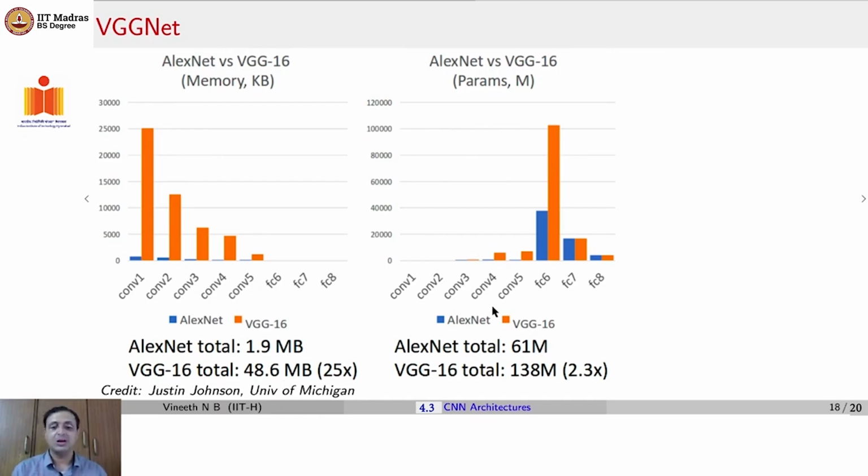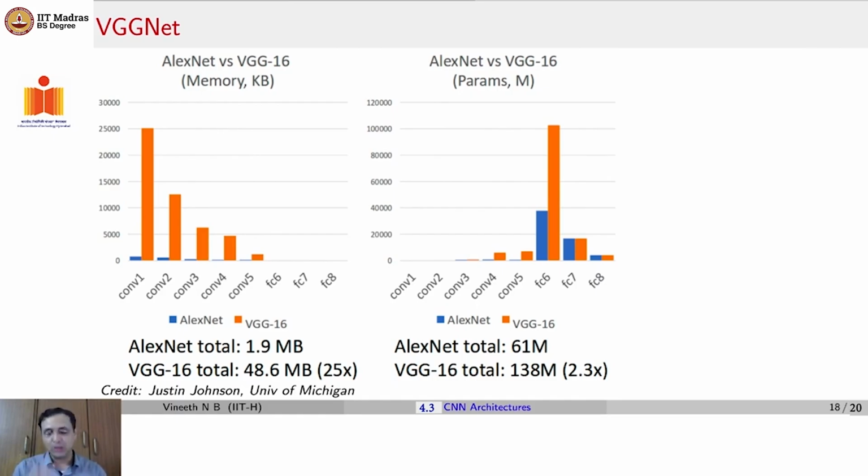In terms of parameters, while the first few convolution layers are reasonably small for AlexNet and VGG, in the fully connected layers, VGG has a significant increase in parameters. And while AlexNet had a total of about 60 to 61 million parameters, VGG 16 ended up having about 138 million parameters. So while VGG works well in many settings, that is a limitation of VGG because of its increased parameter count and memory.